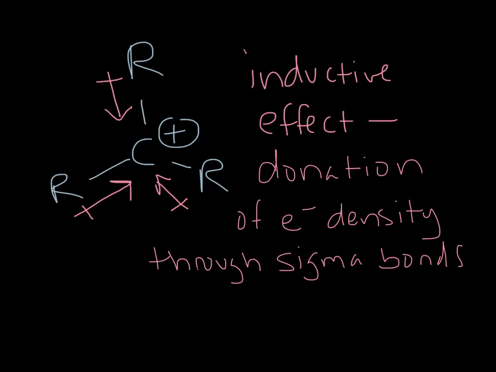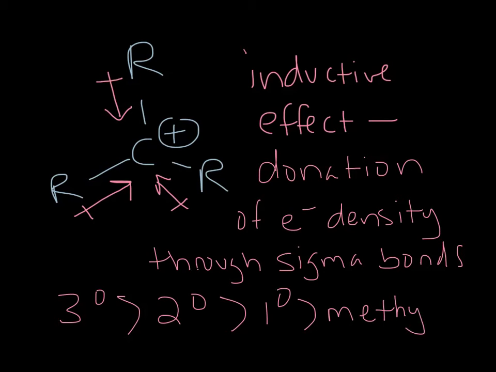So the more neighboring carbon atoms there are, the more electron density can be pushed towards the electron deficient carbon in the middle there, that carbocation, and so the more stable it's going to be. And that's why a tertiary is more stable than a secondary, than a primary, and then lastly than a methyl carbocation. The more carbon atoms there are, the more electron density is pushed through the sigma framework to stabilize that positive carbocation carbon in the middle.